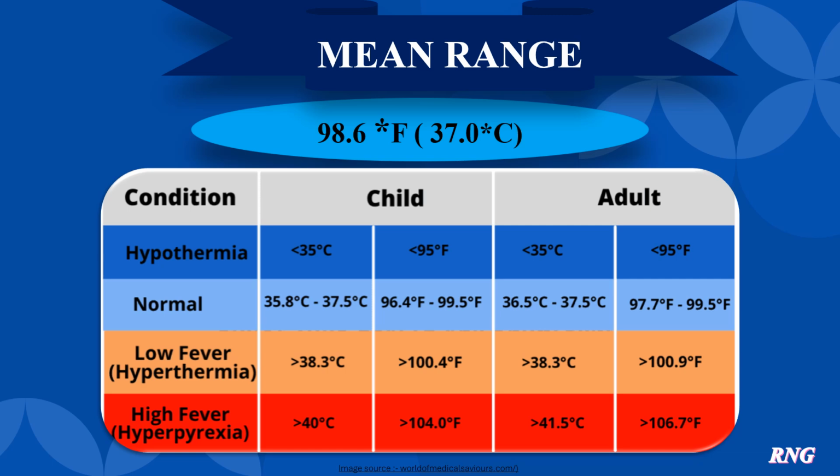It could be a low fever or a high fever, depending upon the degree the temperature is increasing. And this chart shows the ranges in which we can identify whether the patient is going into hypothermia, the body temperature is normal, or the body temperature is increasing way too high.